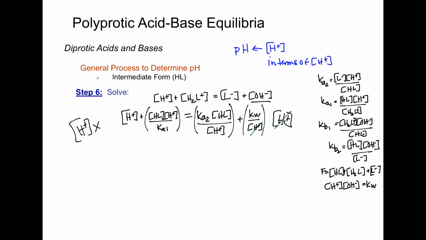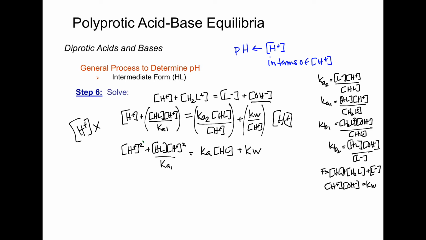So when I do that, I get H plus squared on this side, HL, H plus squared divided by Ka1, but it gets rid of some fractions on this side. So this one got canceled out with that one, and then just Kw on that side. So that simplified things a little bit.